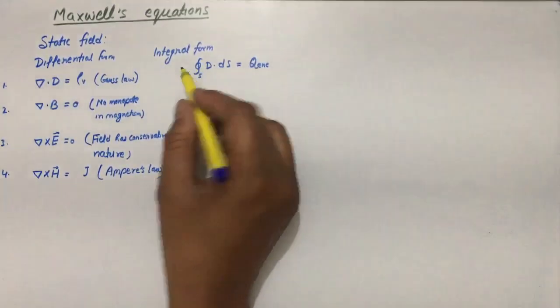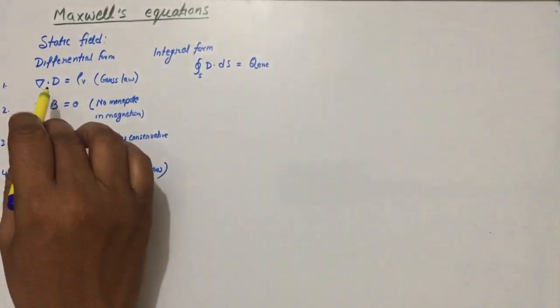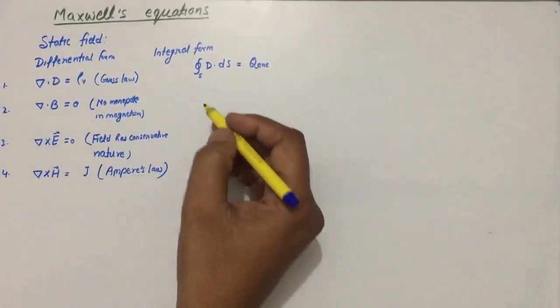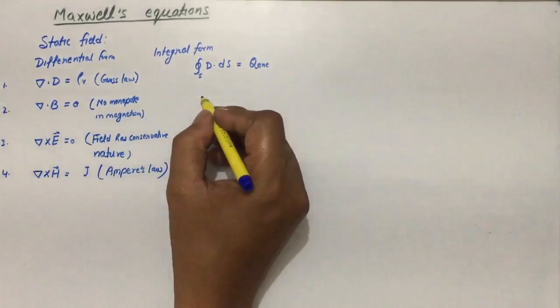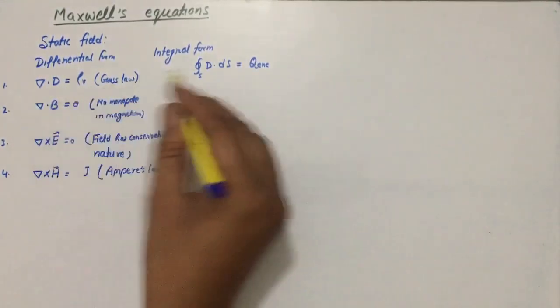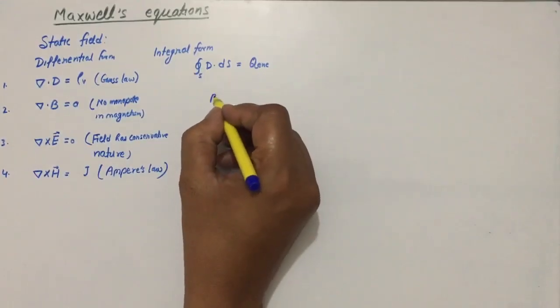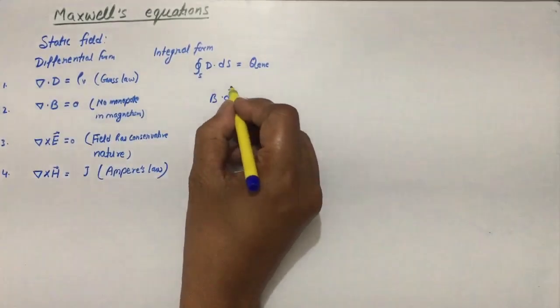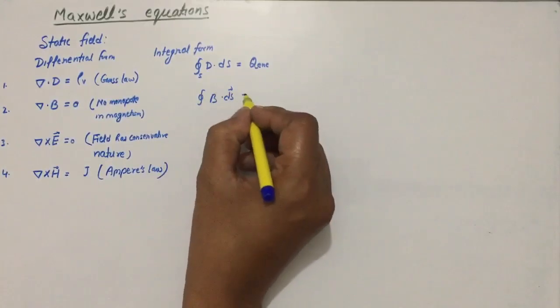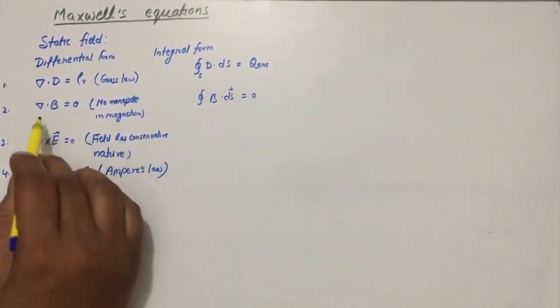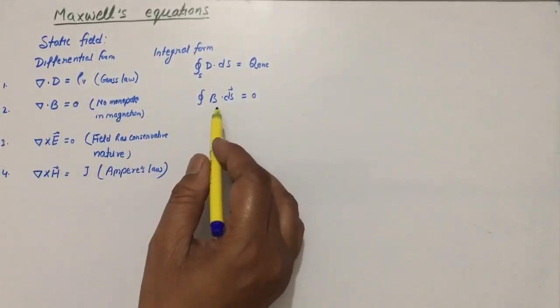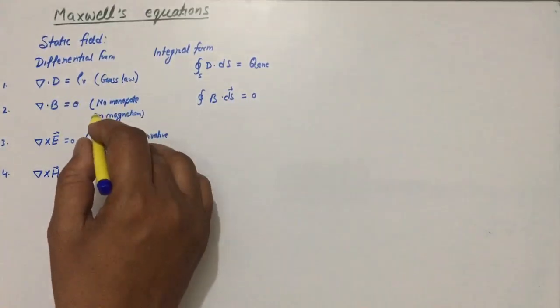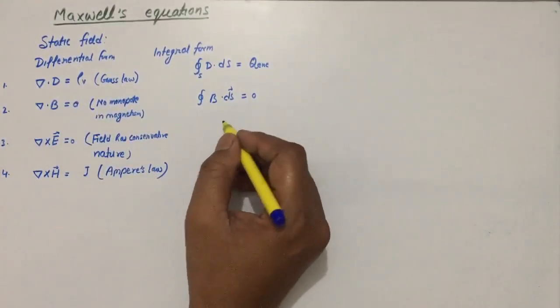This is the integral form of the first Maxwell's equation. And for the second, we have B dot ds for the closed surface is 0, in the integral form of the second law of Maxwell's.